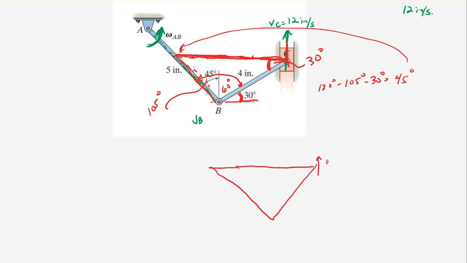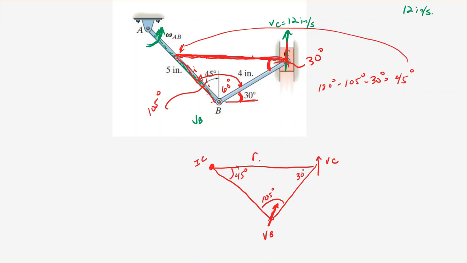So here's V sub C. V sub B is, I'm kind of drawing it a little bit off, but this is V sub B, right? This is your instantaneous center. Okay, this is 45 degrees. This is 30 degrees. This is 105 degrees.